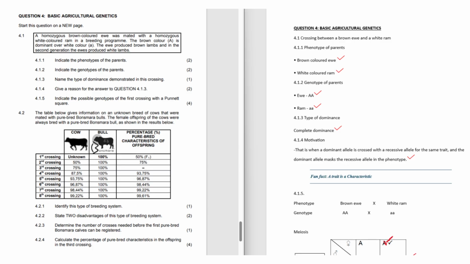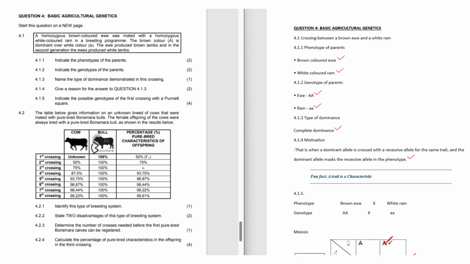So as you can see here, they say the homozygous brown colored ewe was mated with the homozygous white colored ram in the breeding program. The phenotype is the color. How is the color? The color is brown for the ewe. So we write brown colored ewe, because that's what we can observe.